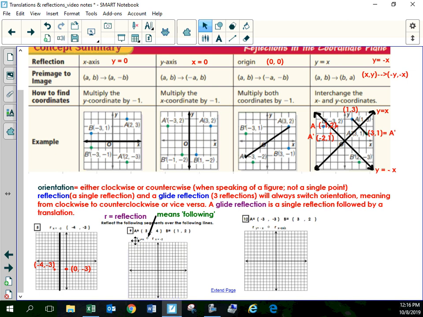They'll say reflect over the line x equals -2 first, and then reflect over the line y equals x. So you will do these two reflections on the DCAS, but they won't have it written in this format. They'll actually just write it out in words, what it means to do for you and tell you directly what to do. But this is the short notation to say the same thing instead of writing it all out in words.